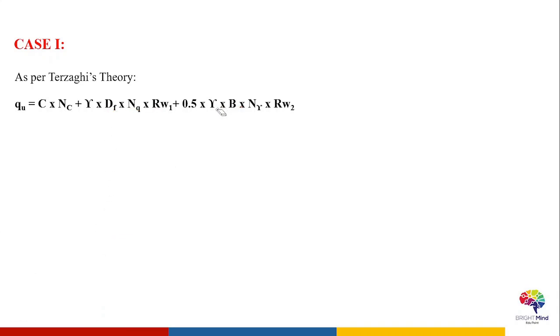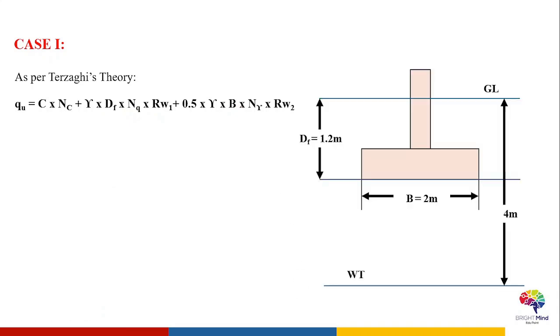Once we have written the equation, we'll sketch the footing to understand whether the effect of the water table is to be considered or not. Firstly we'll find out the correction factor RW1. RW1 will be found out using the expression 0.5 into 1 plus ZW1 upon dF, where ZW1 is the depth of water table measured from ground level to the base of the footing.